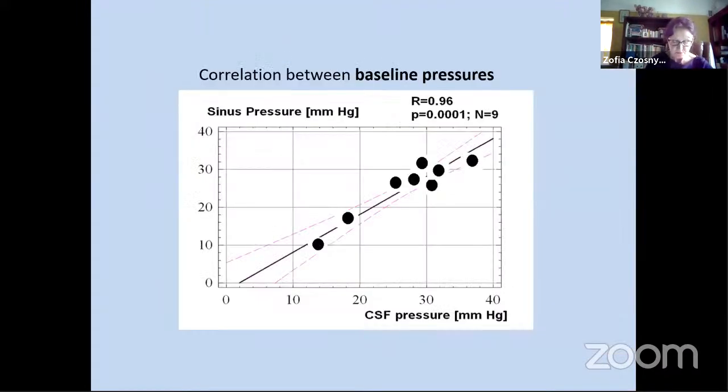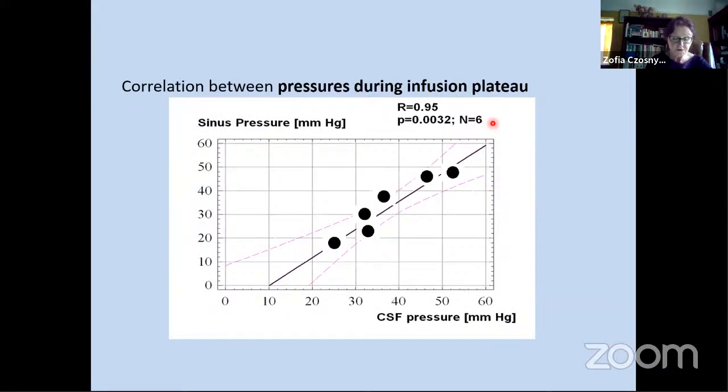Baseline pressures before the start of infusion correlated very well. All patients but one had elevated pressure, above 18 millimeters of mercury for ICP. The correlation coefficient was sky high. During infusion on a plateau level, correlation is still high.